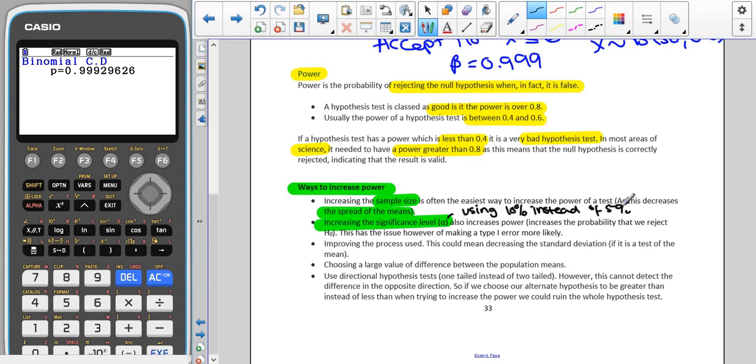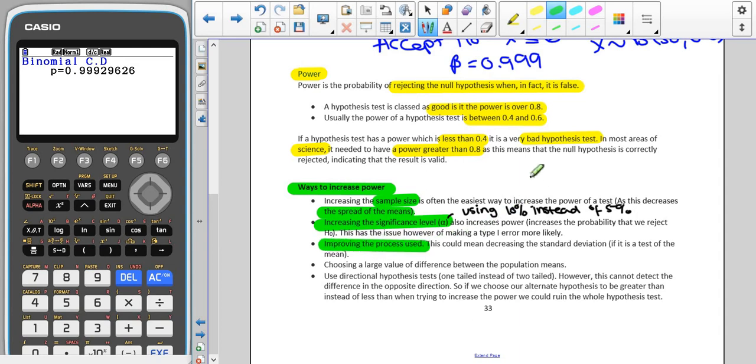So you are increasing the chance of making a type 1 error whilst decreasing the chance of making a type 2 error. This has the issue, however, of making a type 1 error more likely, like I just said. We could also improve the process used.